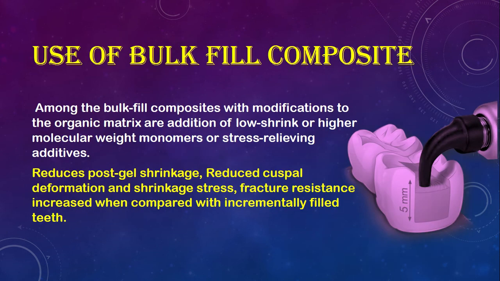Next is the use of bulk fill composite. Bulk fill composite resins have a better and greater degree of conversion than the conventional ones, and the reason lies in the fact that they have a larger filler size of more than 20 micrometer, right?